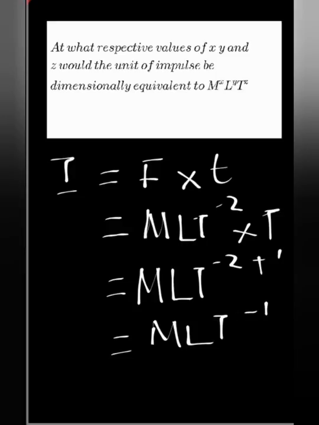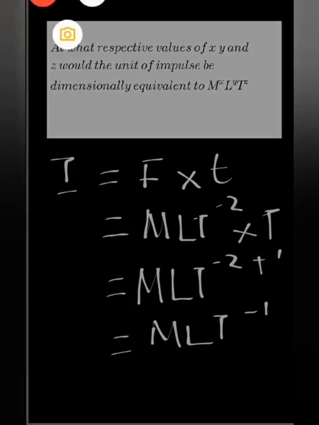Now let's check if using the product of mass and velocity, we shall get the same values. To check if the product of mass and velocity gives the same result as obtained earlier in our previous slide, we shall have impulse equals mass times velocity.